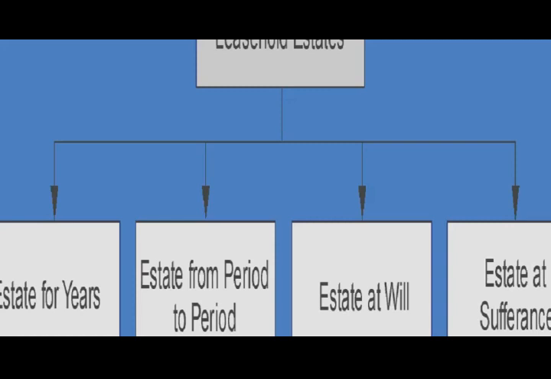If the original agreement provides for the conversion from an estate for years to a periodic tenancy, no negotiations are necessary and the tenant simply exercises the option. An estate from period to period can be created when a tenant with an estate for years remains in possession or holds over after the lease term expires.